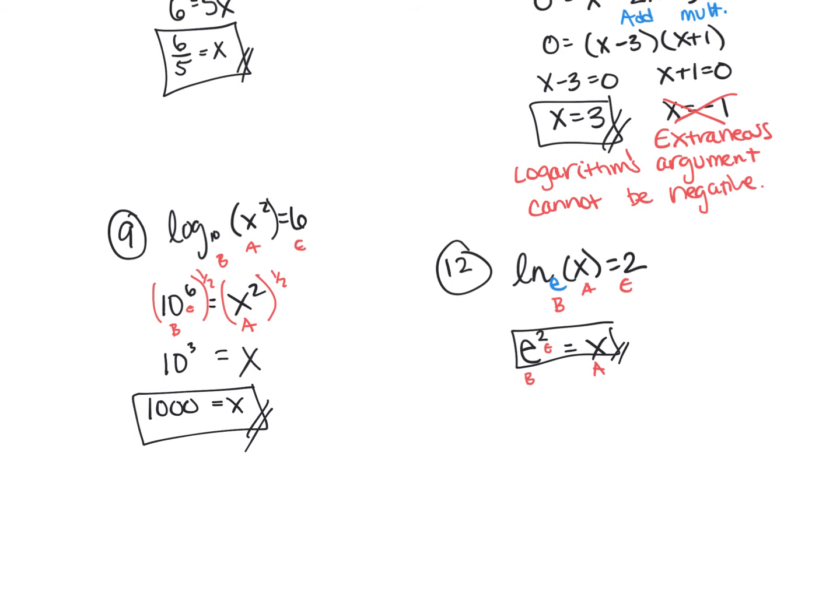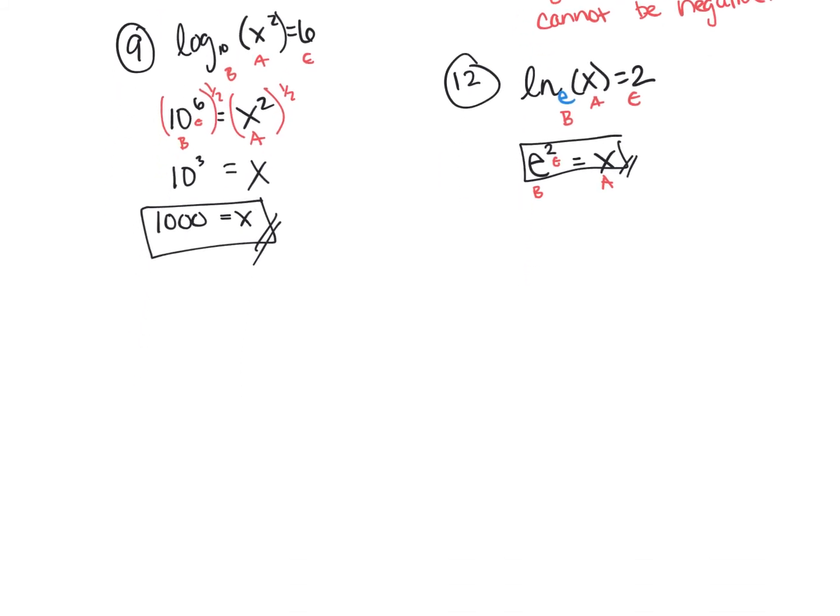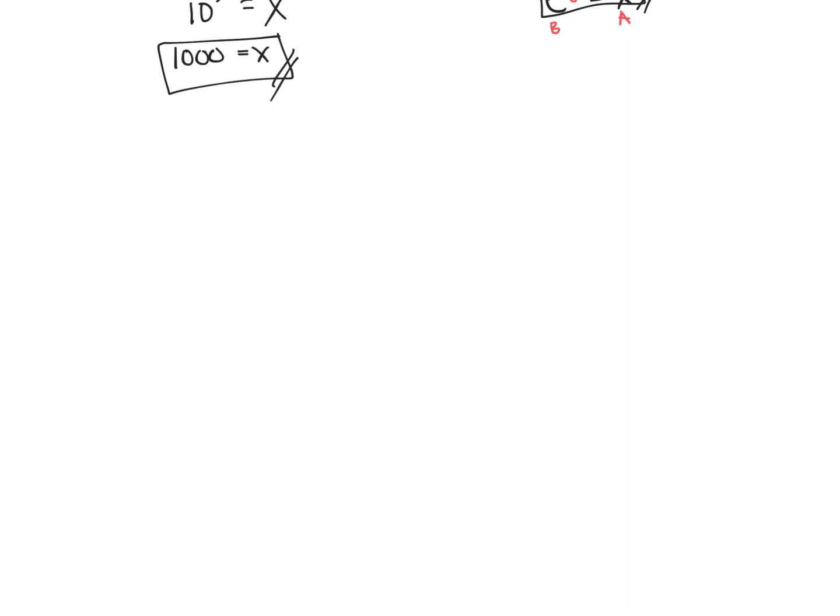So that works. Now, one of the new things we learned today in class was about our change in base rules. So I want to practice that a little bit, especially when maybe you might need to use some other algebra skills along the way. So if we take a look at problem number 19, we only have 3 more problems left. Problem number 19 is 2 to the x is equal to 46. So in this case, I don't have any logs, only exponents. Well, I can use my rearrangement here.